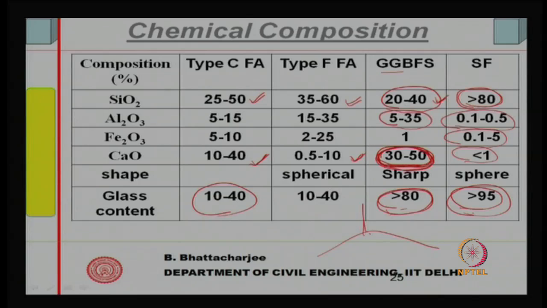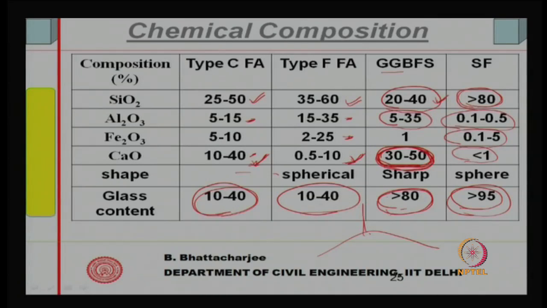This has about 95% amorphous material, this has about 10% to 40%. If you check type F fly ash, you have alumina, here this alumina gets reduced. Iron oxide is 2 to 25, calcium oxide is low, but here calcium oxide is high.